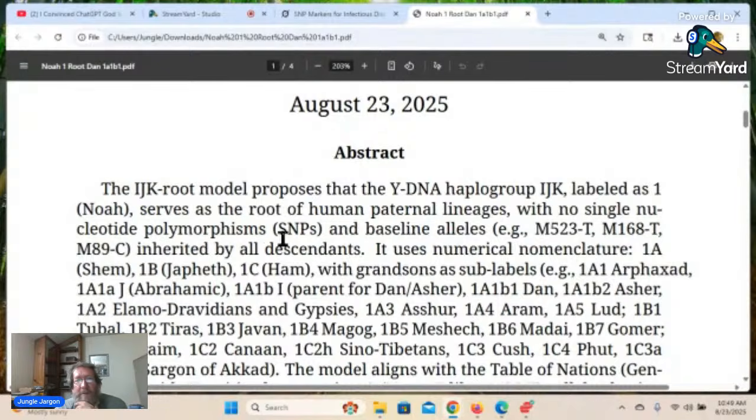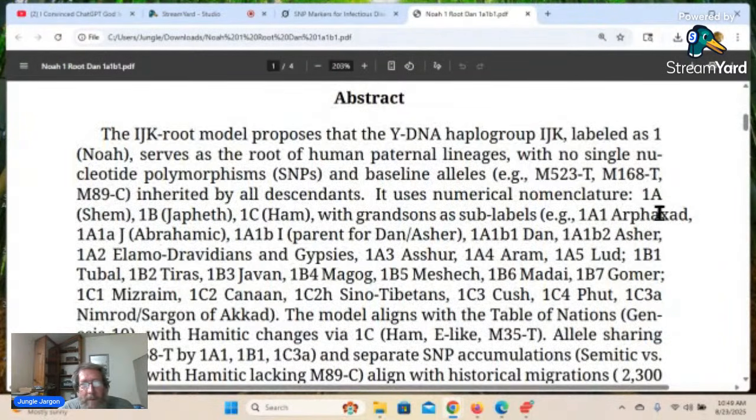So this better fits the family tree with Noah as 1, 1A of course Shem, 1B Japheth, 1C Ham, and 1A1 as Arphaxad. So it's 1A for Shem, 1A1 for Arphaxad.